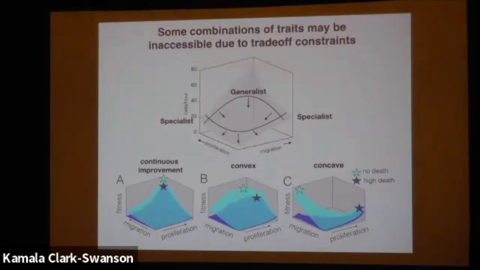These cells will be the most fit. But as you start to cut off that space, some of these small variations in the landscape really matter. Because you have this high death rate, you select for more proliferative cells. And when only these specialists are allowed, that high death rate will select for faster proliferators rather than faster migrators.